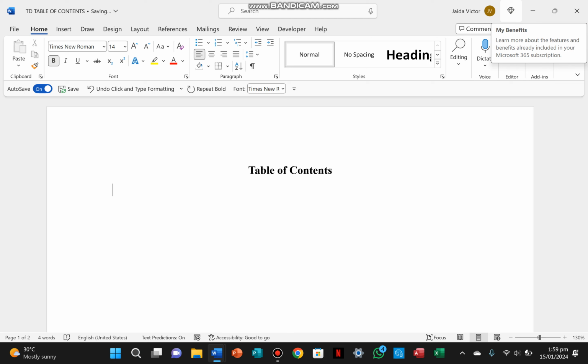So when you do your table of contents, you are going to do it in this order. After you have your cover page, your table of contents, the table of contents should have your acknowledgement.